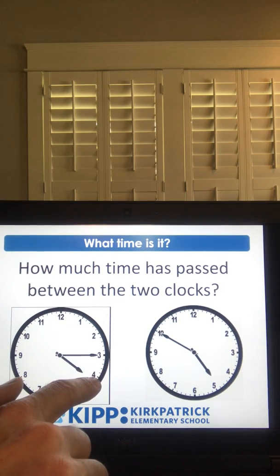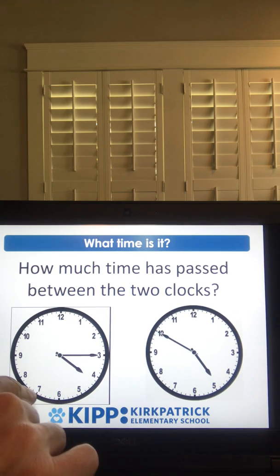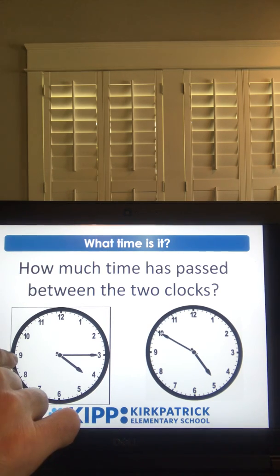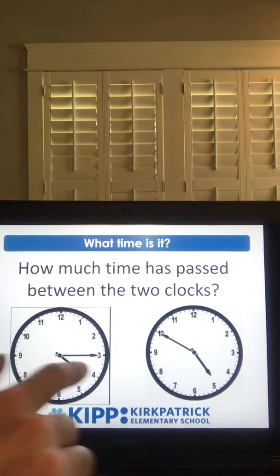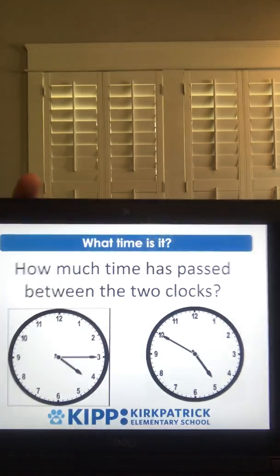So that's 5 more minutes, 10 more minutes, 15, 20, 25, 30, 35. So 35 minutes have passed between the first clock and the second clock. All right, that's going to be it for math routines problems today.